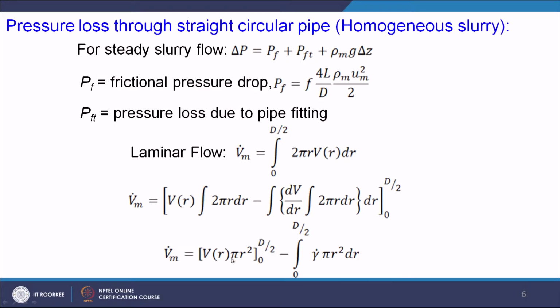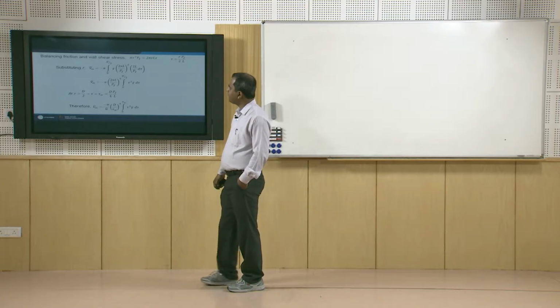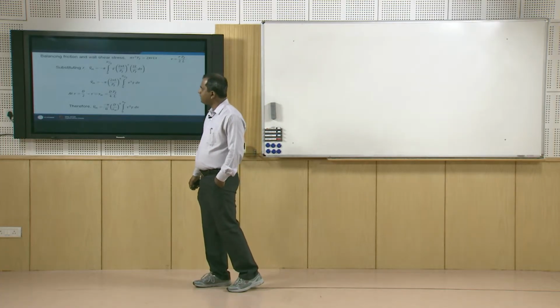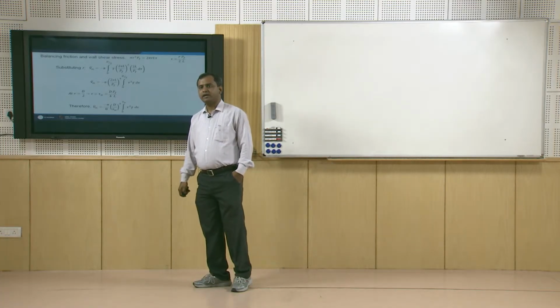So, this goes to 0, but on the other hand side we have dV/dr. dV/dr is nothing but your strain rate, so I can write gamma dot, and the integral of 2 pi r dr gives me pi r square, with the overall dr remaining there with the limit of 0 to d by 2. Okay. So, if we go further, we can write that this Vm is a function of the shear stress.